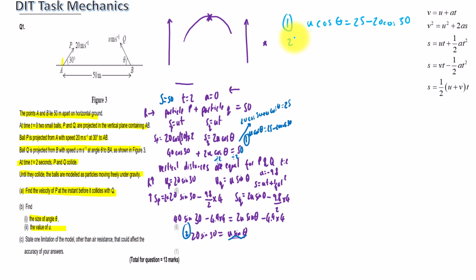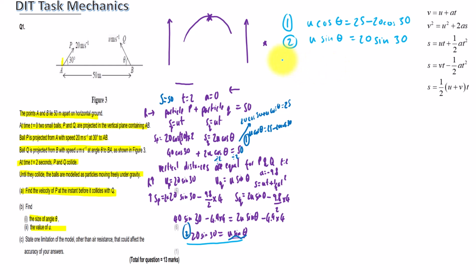Now remember our equation 2 at the bottom. Let's write the u sine theta on this side. I'm talking about this formula here. Equals 20 sine 30. Lots of algebra involved in this, so just be careful when you're writing things down.